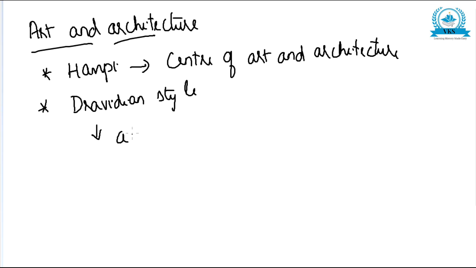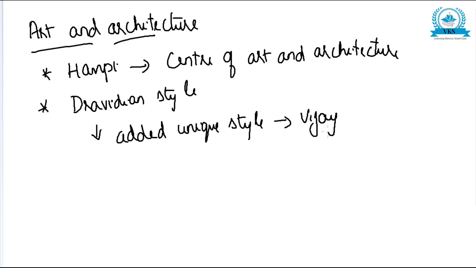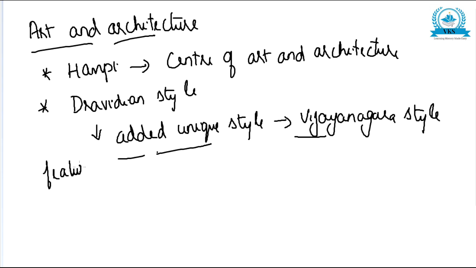To this Dravidian style they added some unique features, and finally this style was called the Vijayanagara style of architecture. Now there are many features of the Vijayanagara style, but because this is a part of the essay, let us see some of the important features.